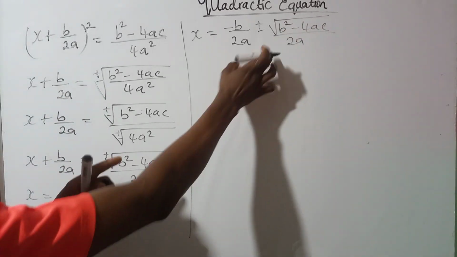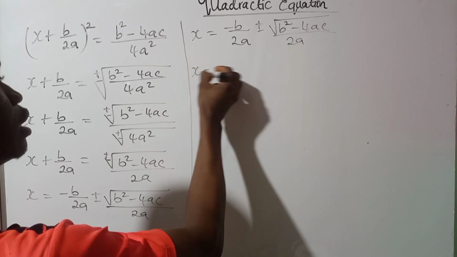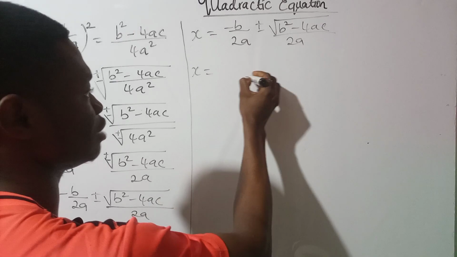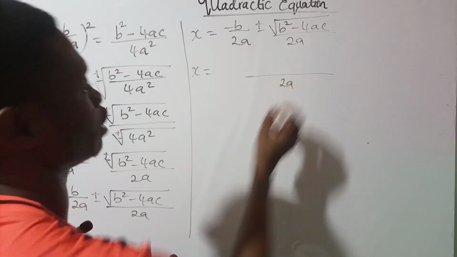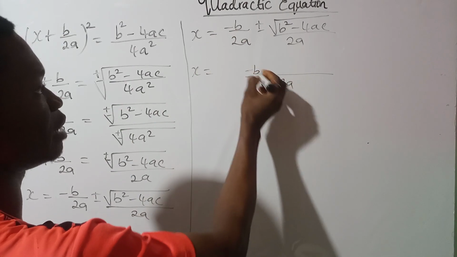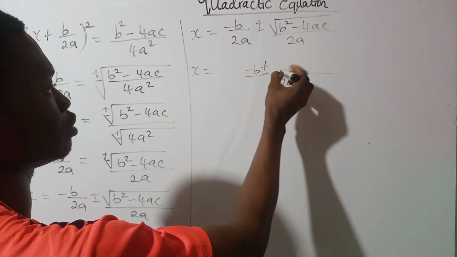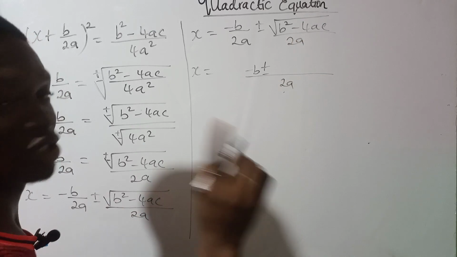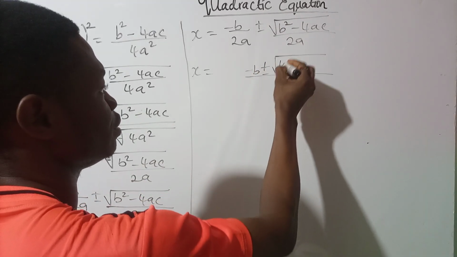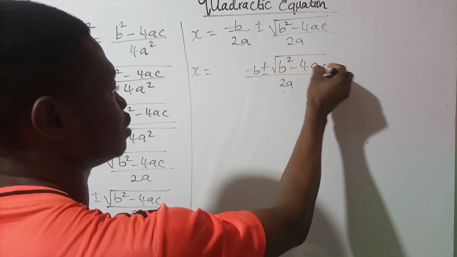I just write it here so that we can go ahead. So we are going to find the LCM of these 2a and 2a. And the LCM is 2a. 2a divided by 2a is 1, times minus b. We have minus b. We put our plus or minus. 2a divided by 2a is 1, times this is square root of b squared minus 4ac.